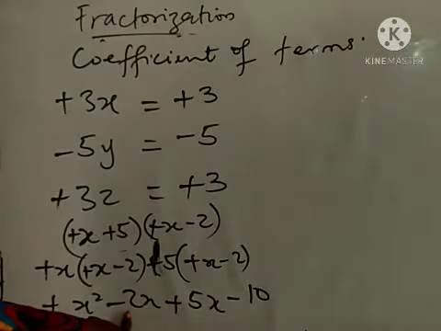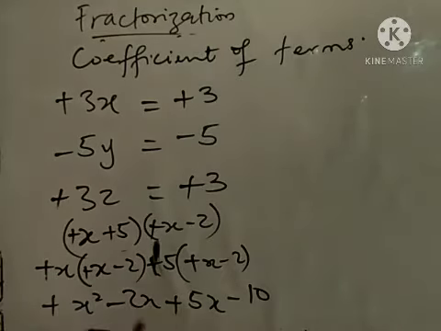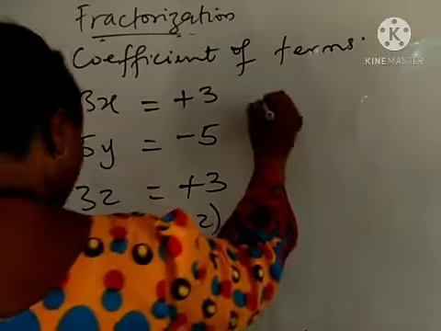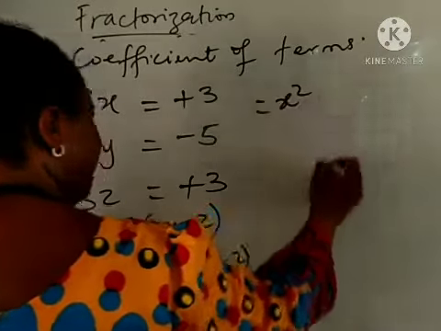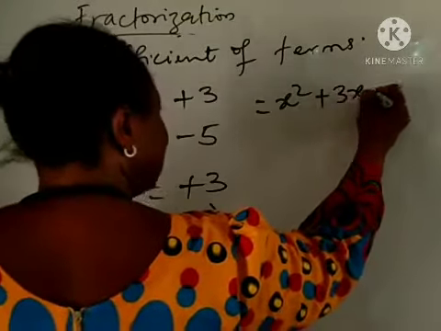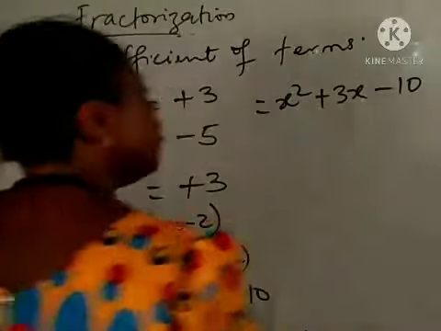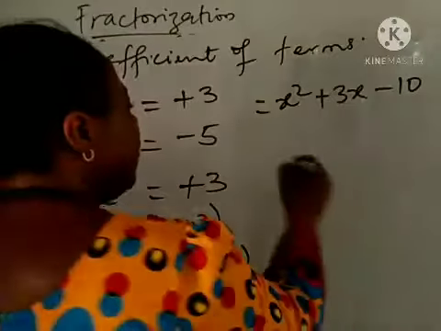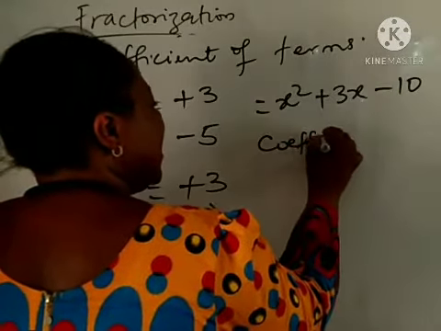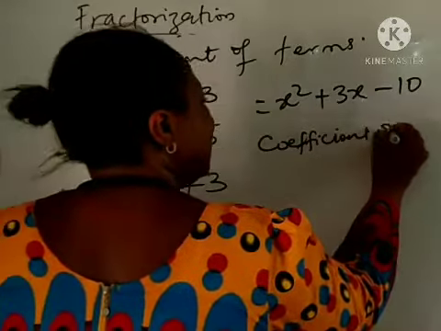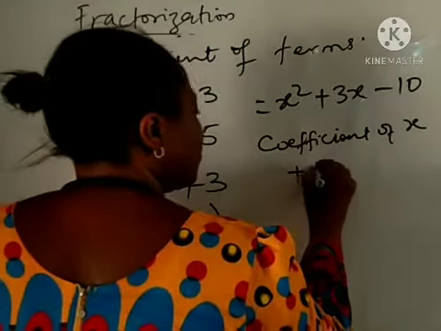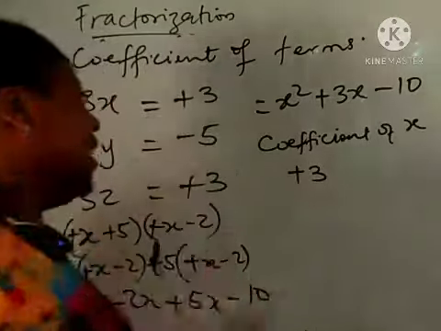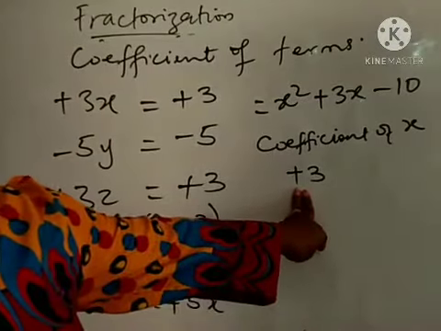Minus 2 is a debt. Plus is what you have. If you pay off the minus 2, you are left with plus 3. So this now gives you x squared plus 3x minus 10. So if they now ask you what is the coefficient of x here, we can now say the coefficient of x in that expansion is plus 3.